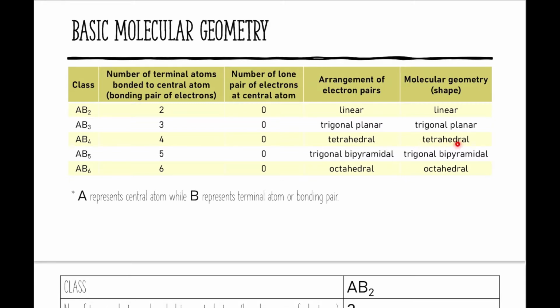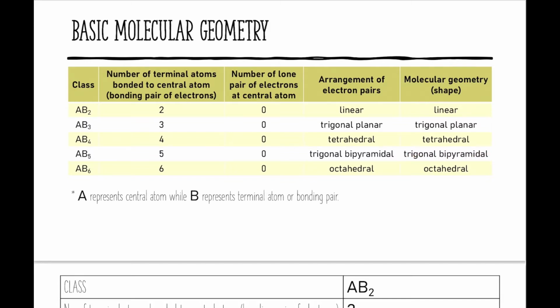The fourth class is AB5 with 5 bonding pairs at the central atom with no lone pairs. Therefore, the electron pairs will arrange themselves in a trigonal bipyramidal arrangement. Therefore, the molecule will have a trigonal bipyramidal shape.